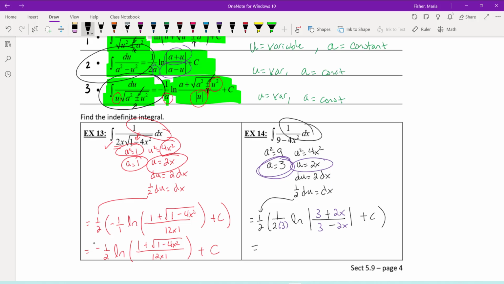Distribute where you can, and 1/2 times 1 over 2 times 3 becomes 1/12. So we end up with 1/12 times the natural log of the absolute value of 3 plus 2x over 3 minus 2x plus c. That's it for hyperbolic functions.